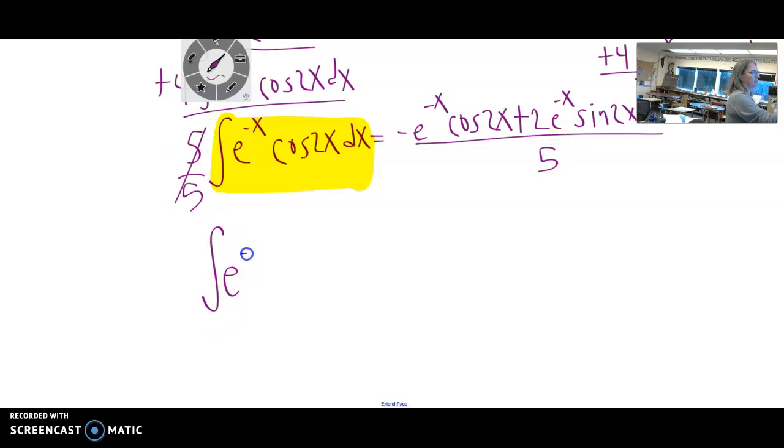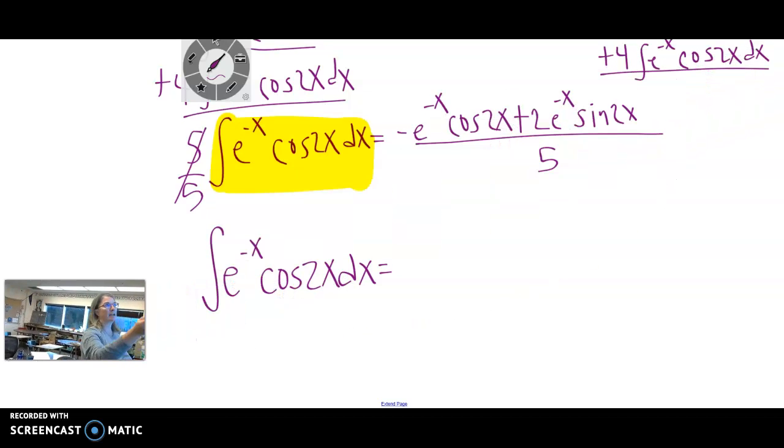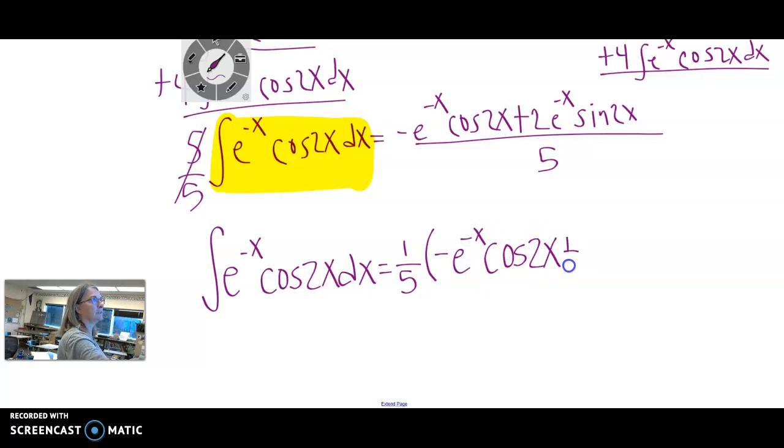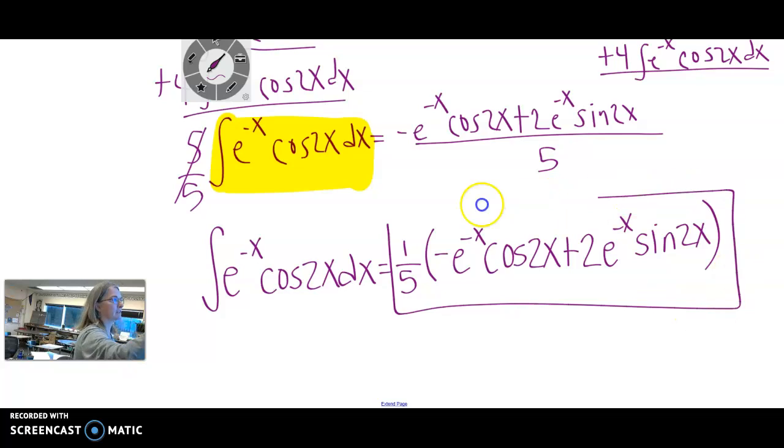So the integral of e to the -x cosine of 2x dx, which is what we were trying to find, is equal to, instead of writing that whole thing divided by 5, I can also put 1/5 times -e to the -x cosine of 2x plus 2e to the -x sine of 2x, and that is the answer. There's nothing more to integrate. So we have found our antiderivative of e to the -x cosine of 2x.